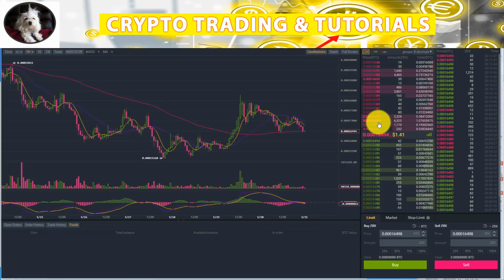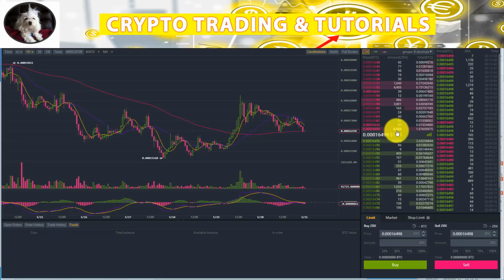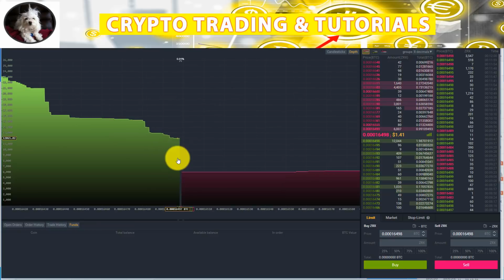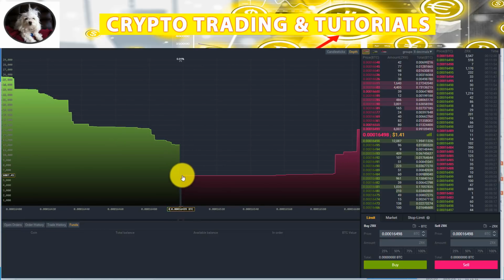So walls don't affect the price in the way that you sometimes think. Sometimes you have to think counterintuitive. You would think because this wall is gone, it's free to go. Now there's a wall on the buy side, right? So see this? And I hate using the depth chart, but it gives a good visual. You can see there's a big wall here and a big wall here, okay?